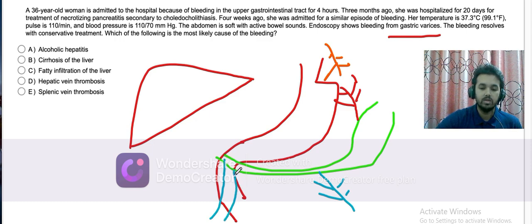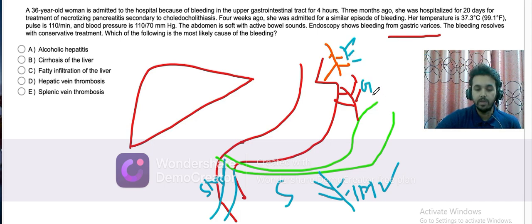So from the proximal part of the small intestine, there is the superior mesenteric vein coming. This is the superior mesenteric vein. This is the inferior mesenteric vein. This is the splenic vein. This is the gastric vein. This is the esophageal vein.